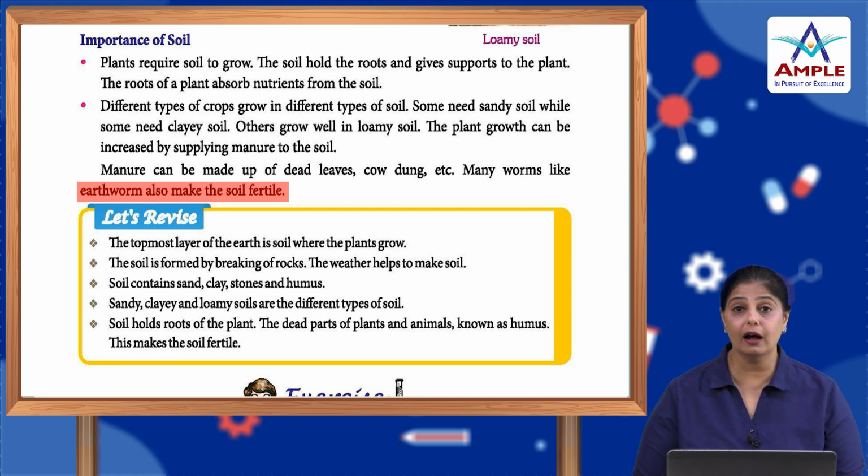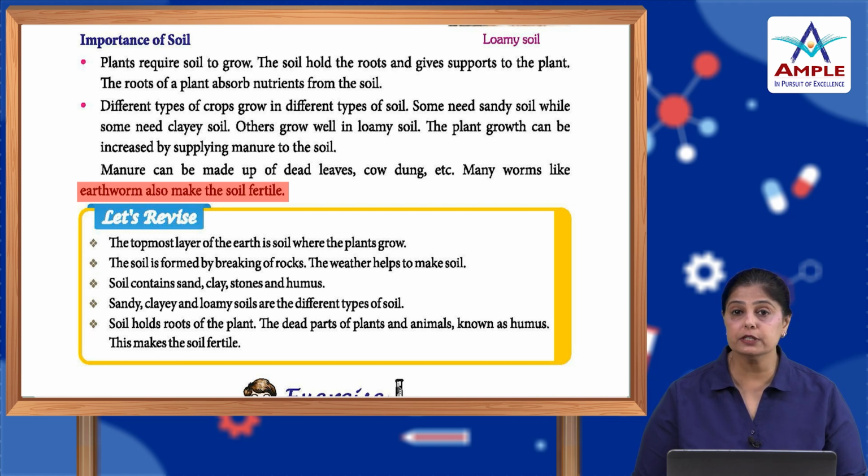Firstly, we know that plants grow well in soil, and they need soil for their growth because they get their required water, nutrients and minerals from the soil, which is a must for the growth of plants. At the same time, soil holds the roots firmly to the ground. The roots of a plant absorb nutrients from the soil.